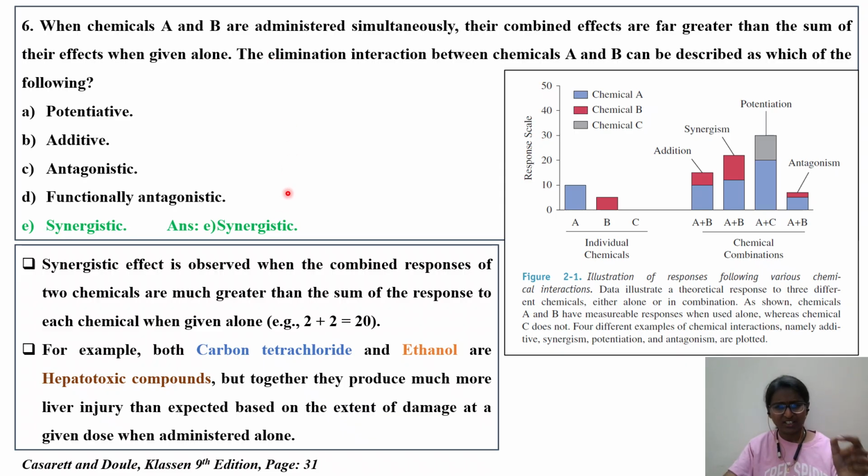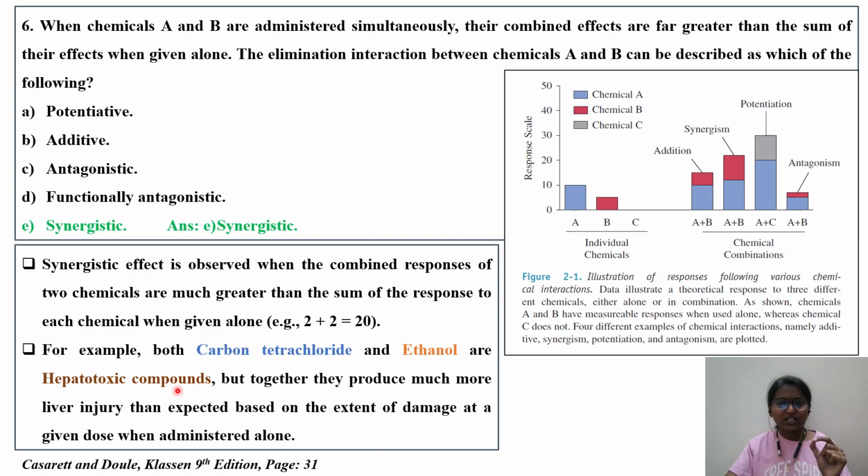Okay, let's see the explanation given in Clayson 9th edition, page number 31. Synergistic effect is observed when the combined responses of two chemicals, in this case chemical A and chemical B, are much greater than the sum of the responses of each chemical given alone. 2 plus 2 is equal to 20. Example: carbon tetrachloride and ethanol.